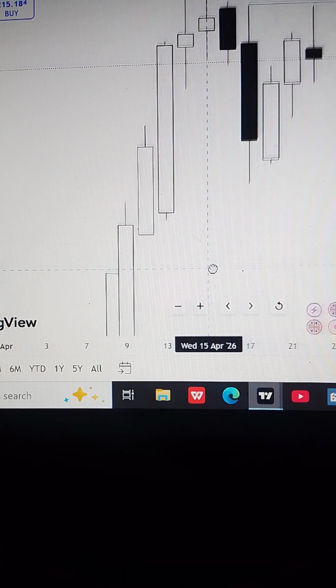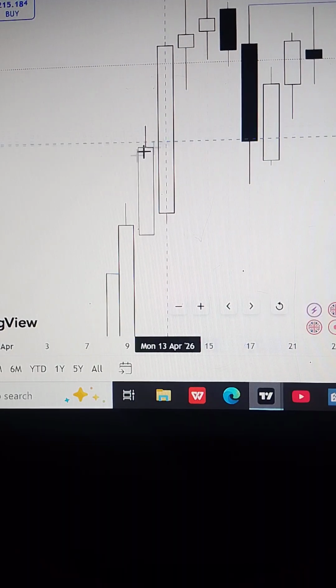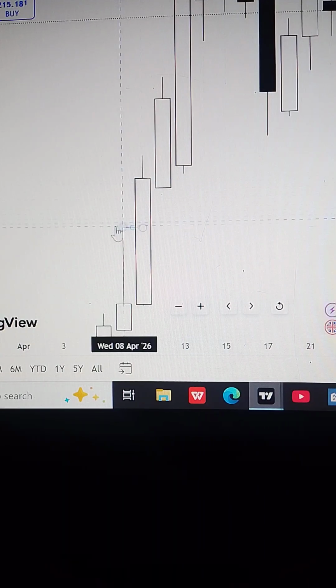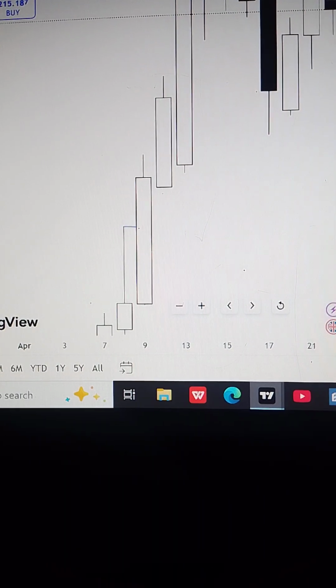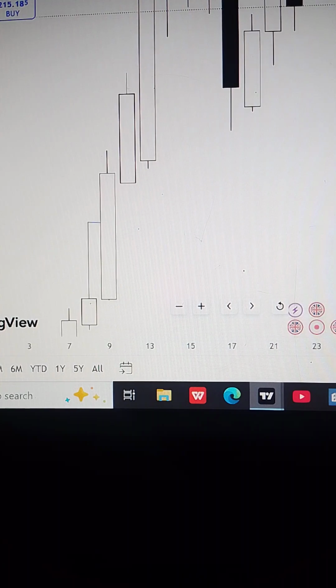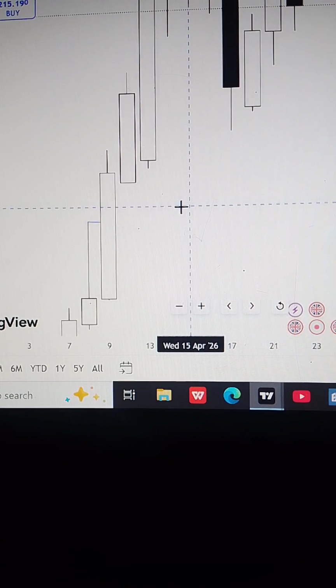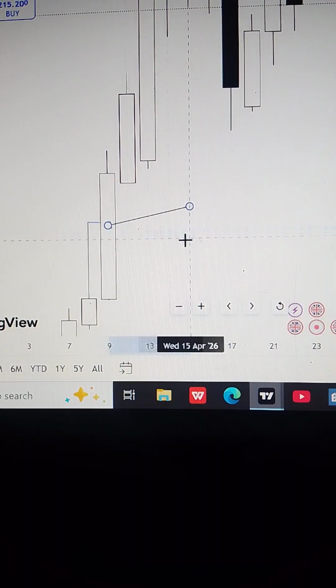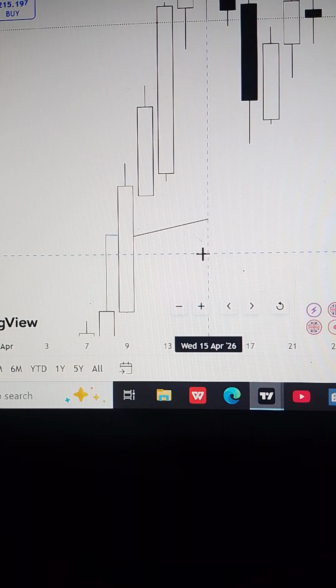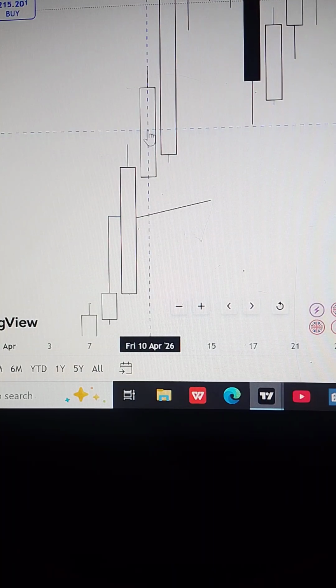Let me go through it together. We had this candlestick, this one. Let me just mark it. We had this candlestick on a daily time frame, and we had the next candlestick.